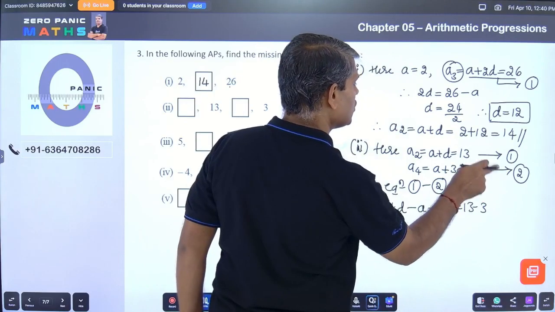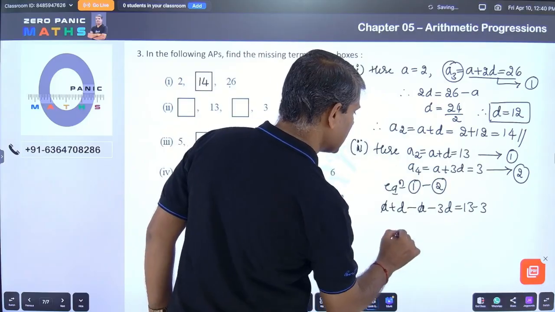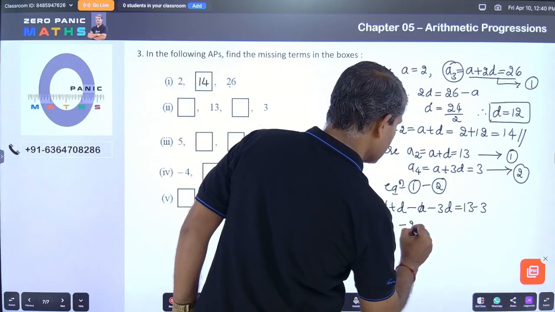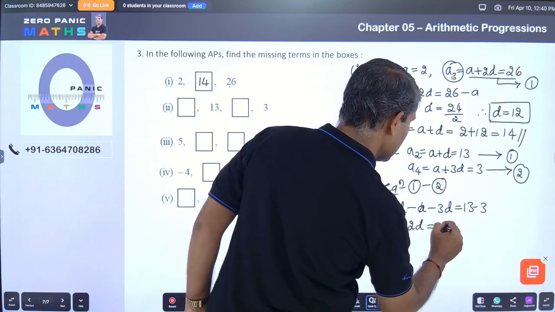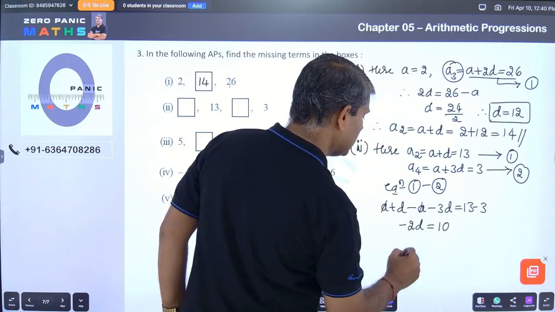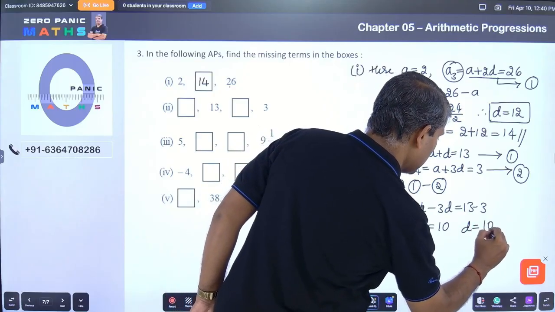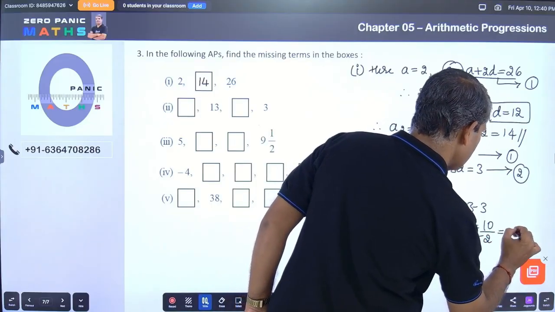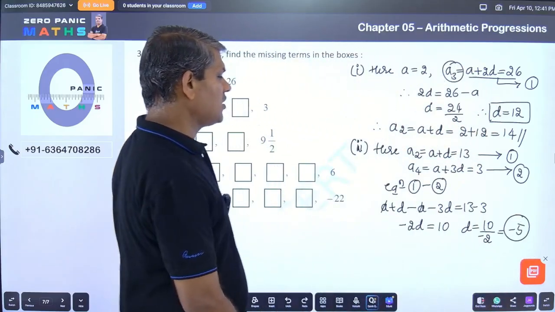So I am subtracting 2 from 1. Here A will get cancelled, and D minus 3D, that is minus 2D is equal to 13 minus 3, that is 10. So what is D then? D is 10 divided by minus 2, which is minus 5. D is equal to minus 5.